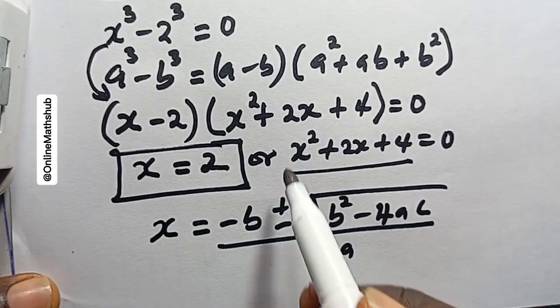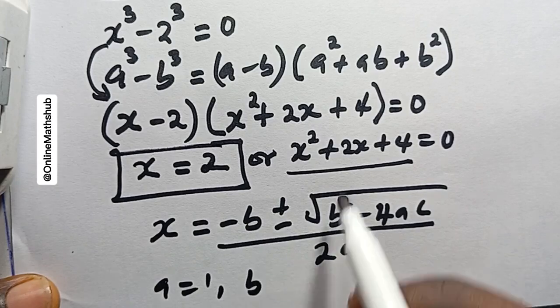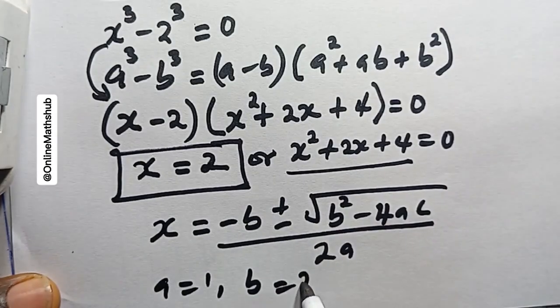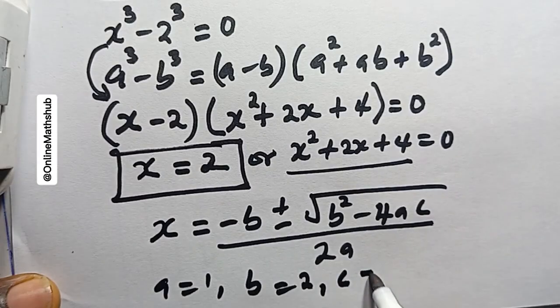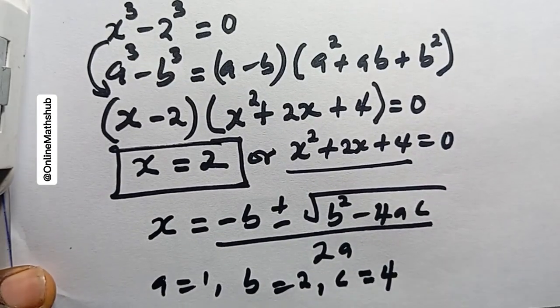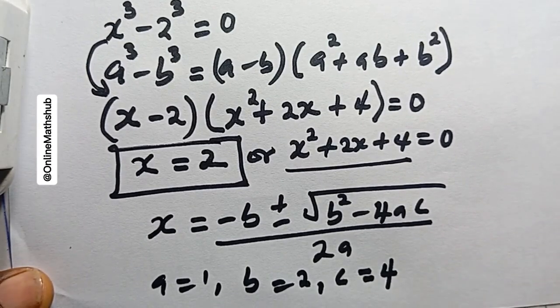In this case, a, which is the coefficient of x squared, is equal to 1, b, which is the coefficient of x, is equal to 2, and c, which is this constant here, is equal to 4. So I'm going to replace all of these values in this equation right here, so that I can obtain the value of x.